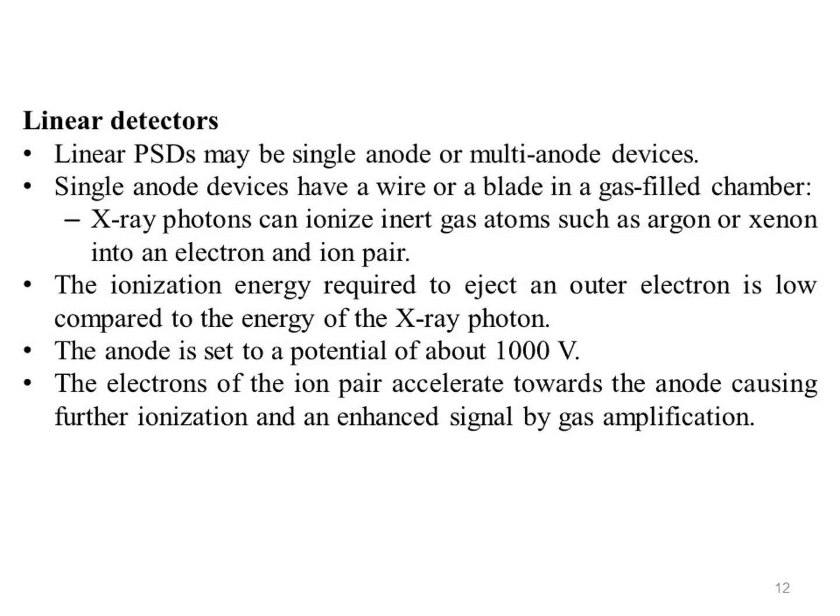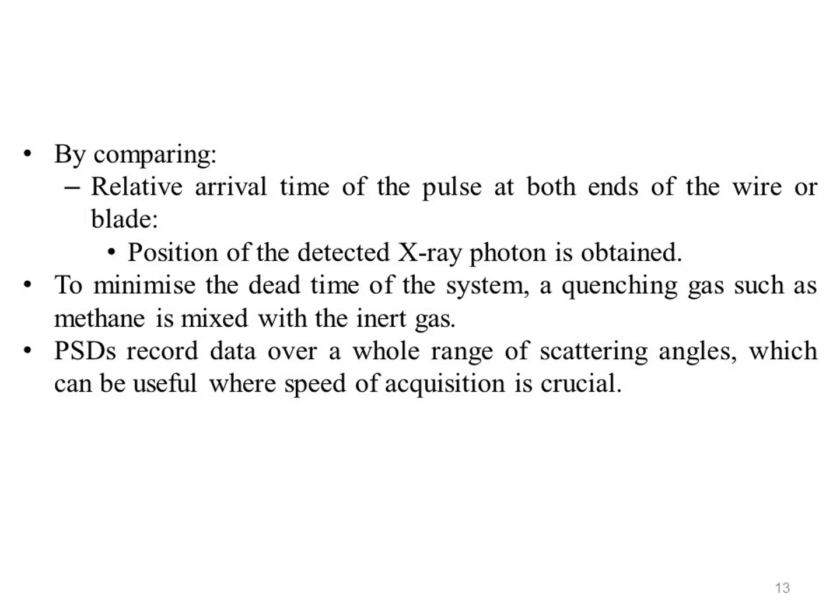The burst of electrons on the wire is converted into a charge pulse which travels to both ends of the anode. By comparing the relative arrival time of the pulse at both ends of the wire or blade, the position of the detected X-ray photon is obtained.